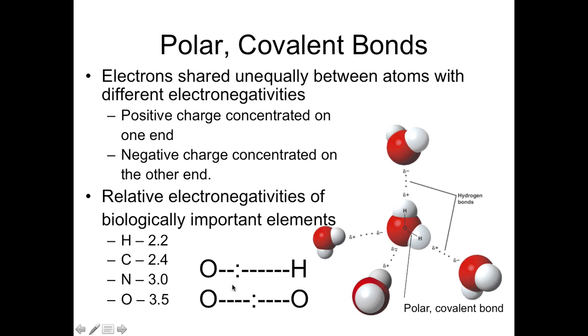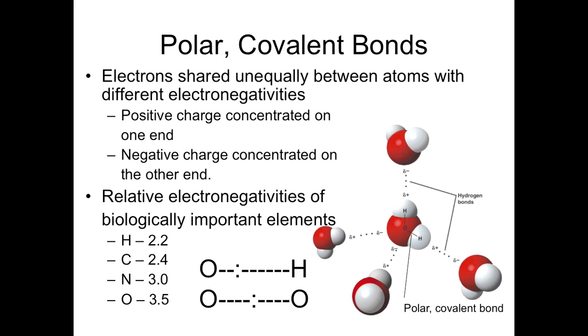So this difference between the electronegativity of the oxygen and the electronegativity of the hydrogen causes the electrons to be more attracted to the oxygen. And so the electrons, being more attracted to the oxygen, are going to spend more of their time around the oxygen atom. So this is going to cause a more negative charge associated with that oxygen, whereas the hydrogen is not attracting those electrons strongly, and so the oxygen pulls the electrons away from the hydrogen, which means that the hydrogen has less of a negative charge, and so it has a partially positive charge associated with it.